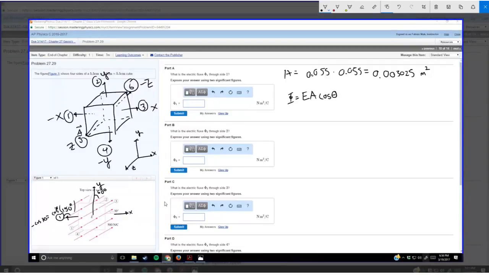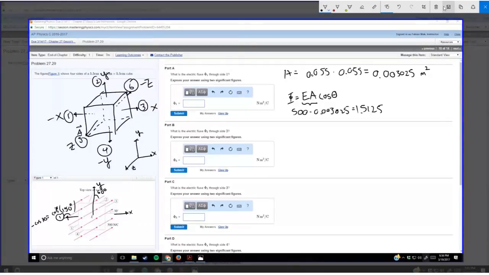So in the end, it's essentially the cosine of the angle that's changing. Because the size of the areas are all the same, the strength of the electric field's all the same, I can go ahead and calculate EA first. So this is going to be 500 times that 0.003025. So this is 1.5125. Okay, so then I'm just going to scale this with all my angles on all my sides.